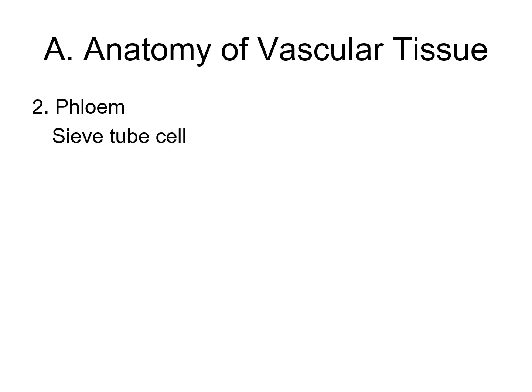The cells through which solutions are conducted are called sieve tube cells. And like vessel elements, they're kind of stacked on top of each other. And the solution moves from one sieve tube cell into the next.